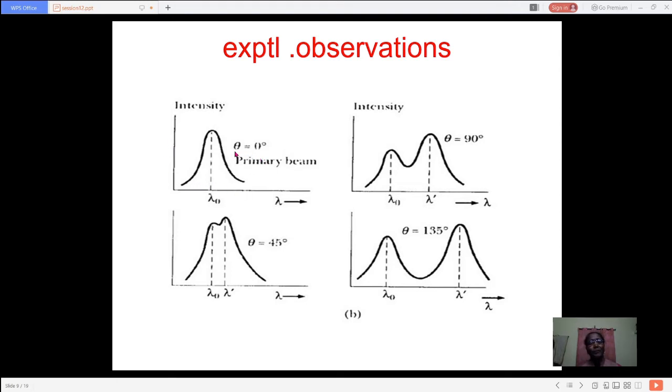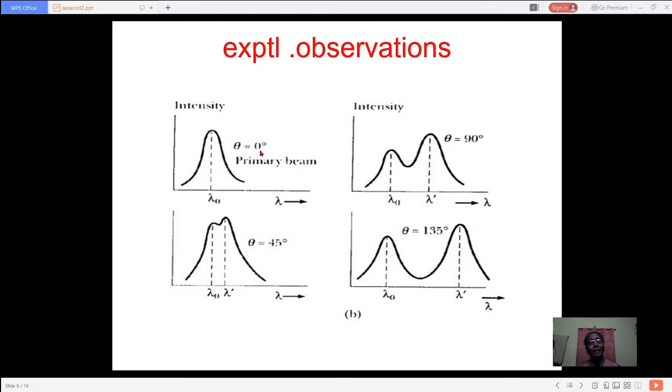So, what was the observation? The scattering and the change in the frequency or the wavelength, and therefore the energy, depends on the angle of scattering.